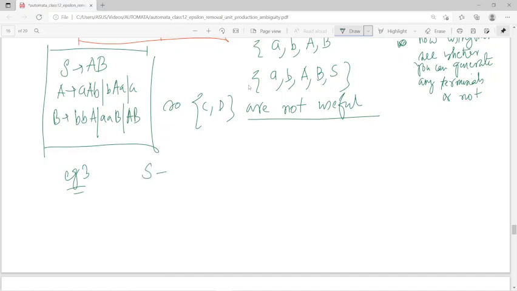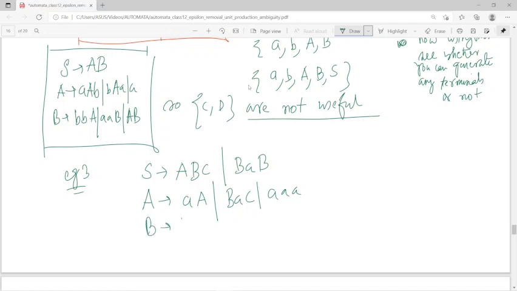You can try it: S to ABC, BAB, from A to a, BAC, AAA, from B to b, BBA, from C it is CA or AC.